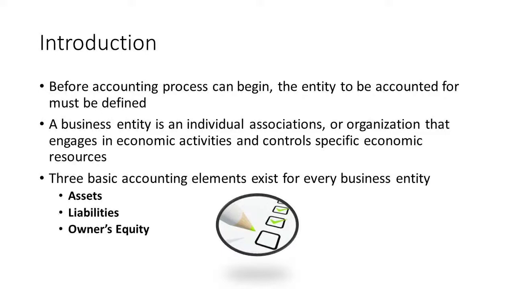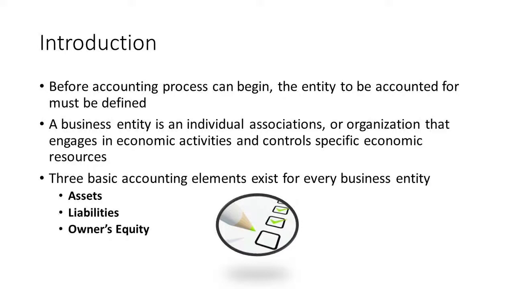A business entity is an individual, association, or organization that engages in economic activities and controls specific economic resources. So in other words, it's anything, whether it's a business or yourself personally, that needs to control your money, or numbers, money.